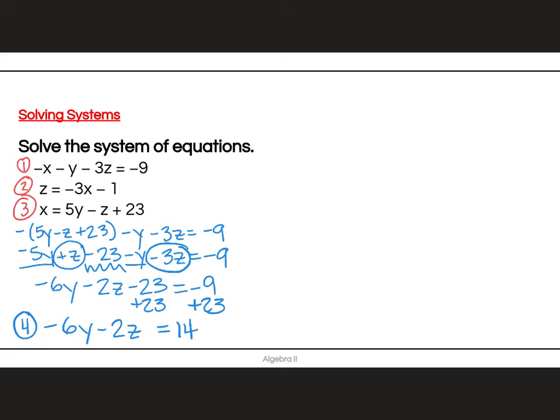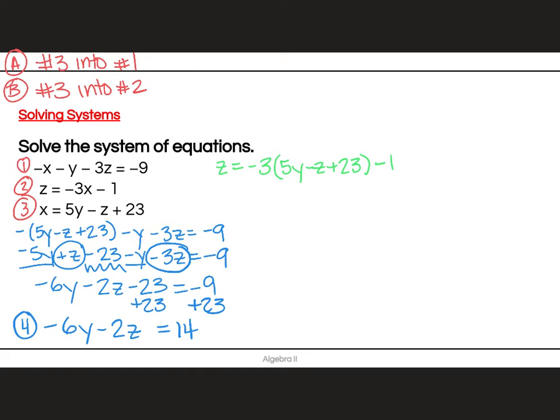So the first thing I did was I put number 3 into number 1. Now I'm going to put number 3 into number 2. So when I do that, I have z equals negative 3 times negative 5y minus z plus 23, minus 1.